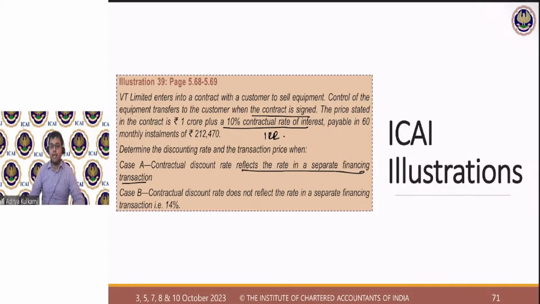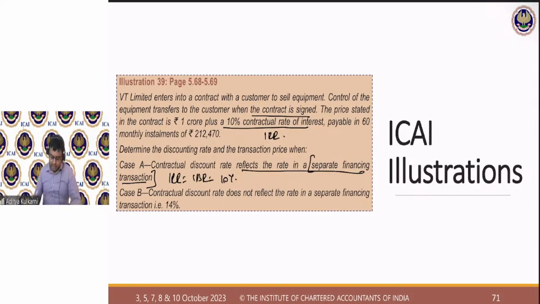And they are saying that this rate reflects the rate in a separate financing transaction, which means if you had to go to the bank and borrow the money. So in the first case, IRR equals incremental borrowing rate equals 10%.